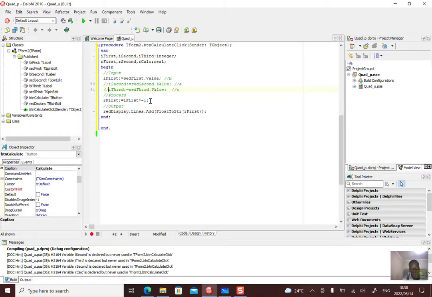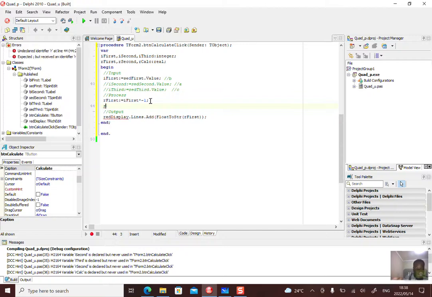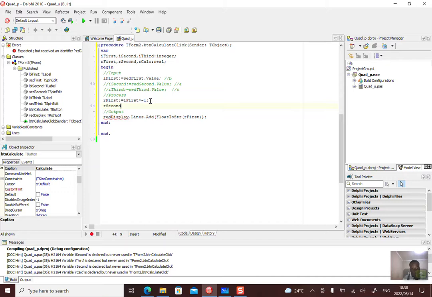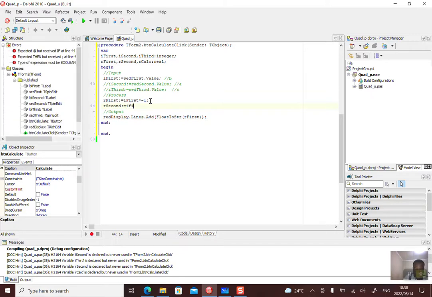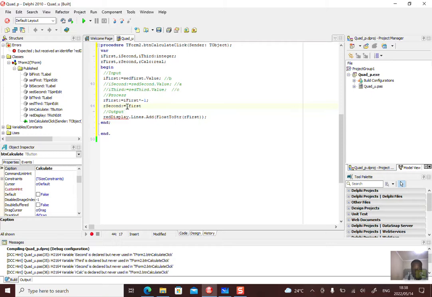Since it's still the first part, this is what should happen. I'm going to say r second, and I'm going to assign r second to I first. What I want to do is square r first, and then I terminate.